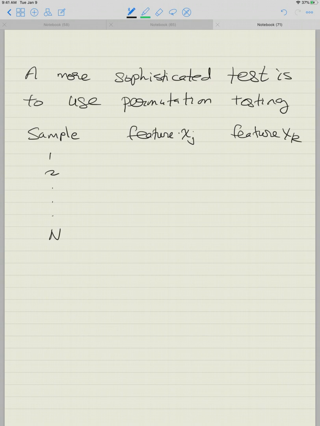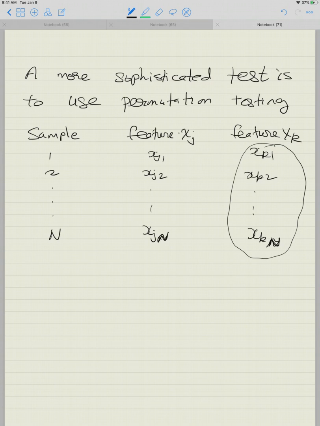Let's say we have n samples. This will give us xj1, xj2, up to xjn. These are the observations in the n samples for the jth feature. These are the observations for the kth feature. What we do is we randomly permute one of the columns.